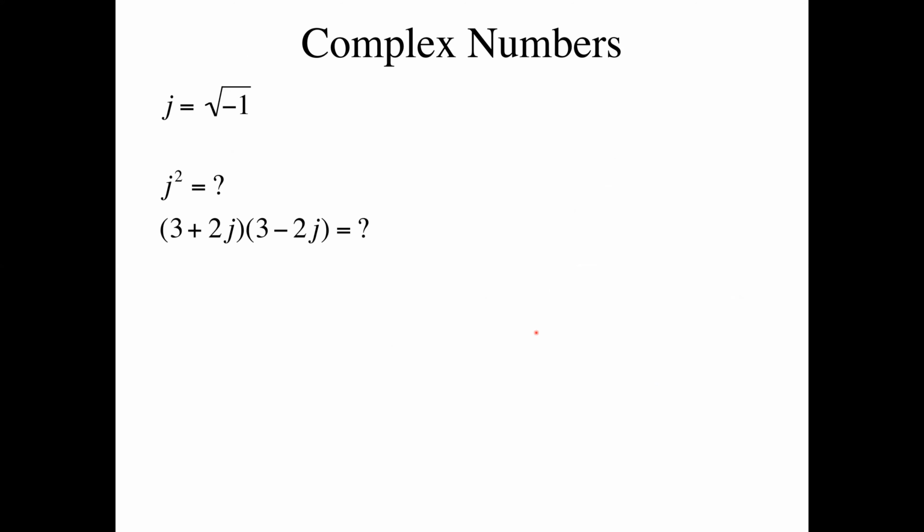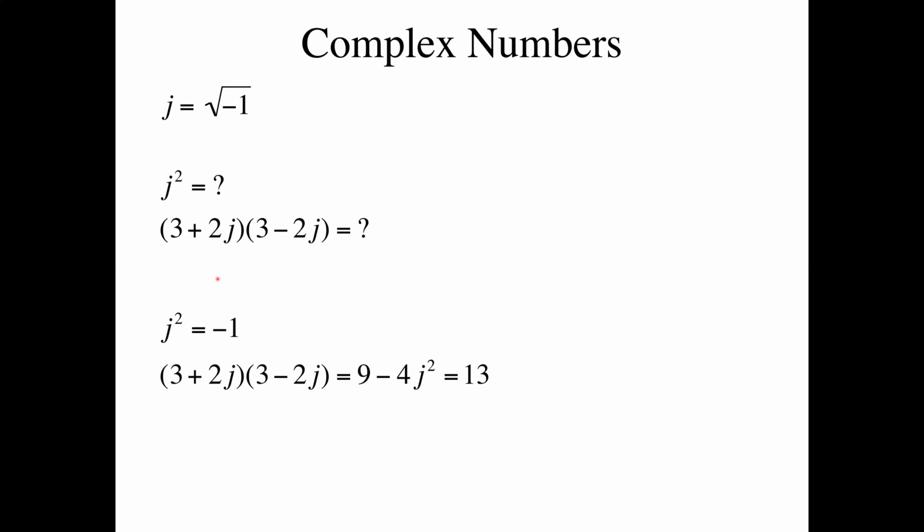j has interesting properties, right? j squared is -1. When you have 2 complex numbers, 3 plus 2j and 3 minus 2j, and you multiply them together, you just multiply them out the way you would, by expanding things in parentheses.